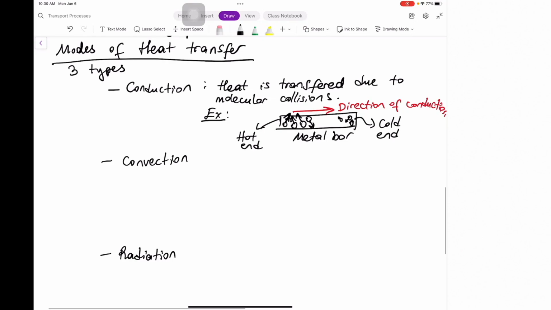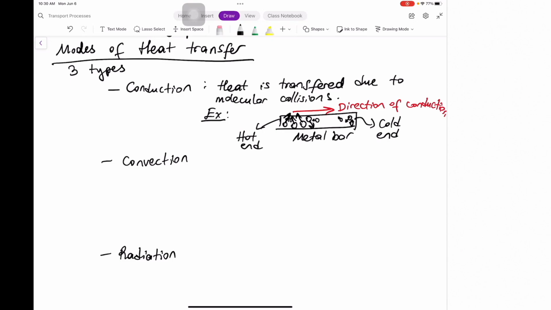But when faster molecules collide with slower molecules, the slower molecules get faster and the faster molecules get slower. There's just an averaging of these speeds.